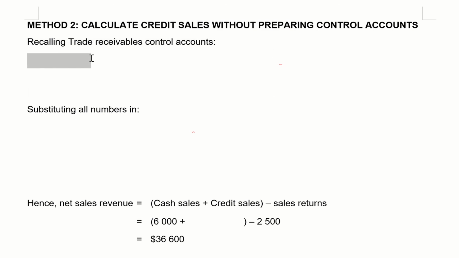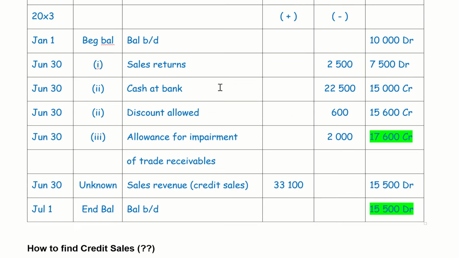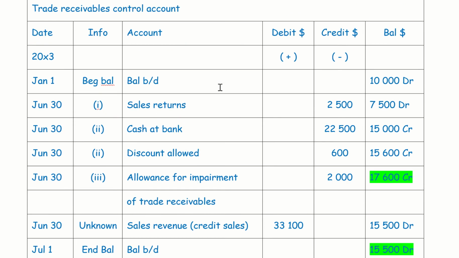You need to look at this, and you need to recall how you managed to calculate this sales revenue. Basically, you need to be able to imagine this trade receivables control account in your head.